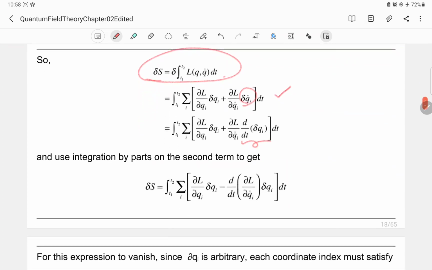So again, we now use integration by parts on the second term by transferring the derivative to the change delta qi.